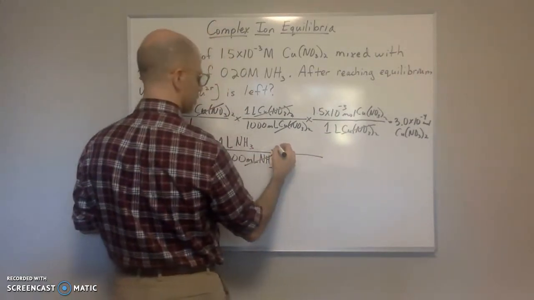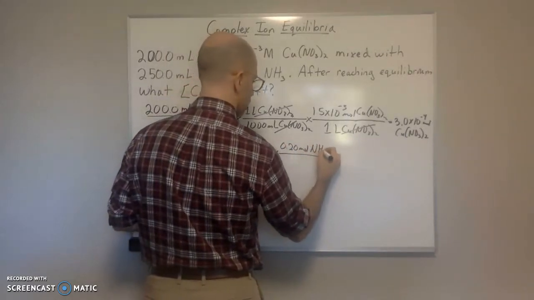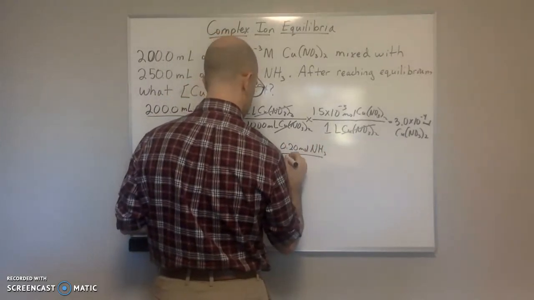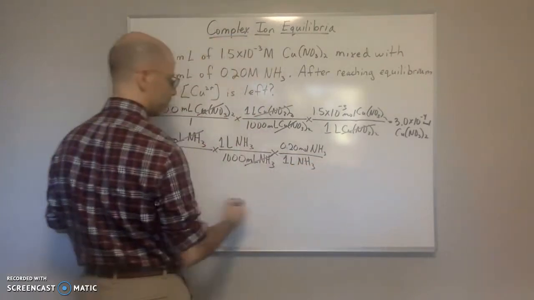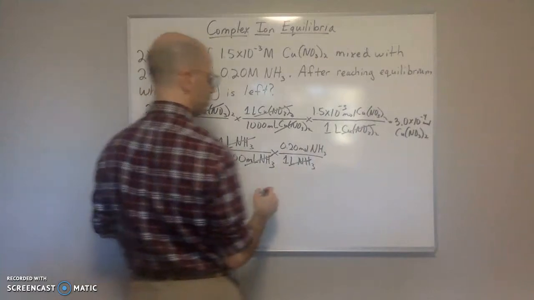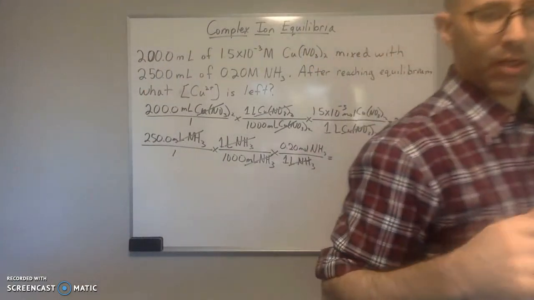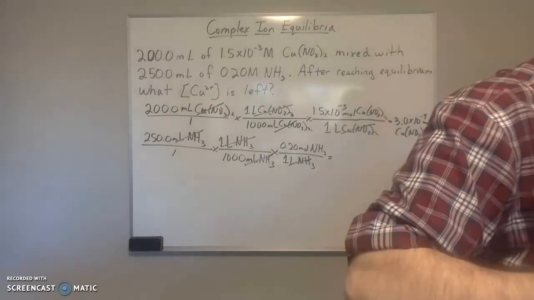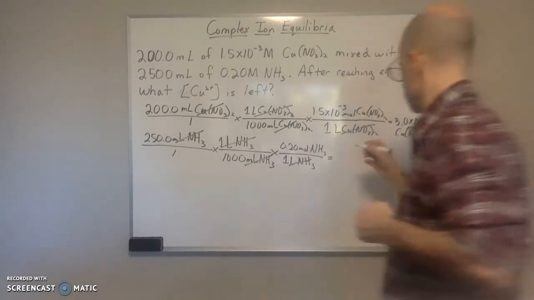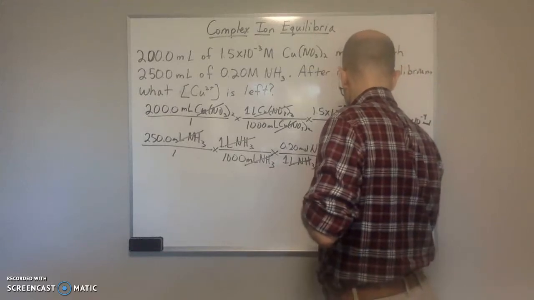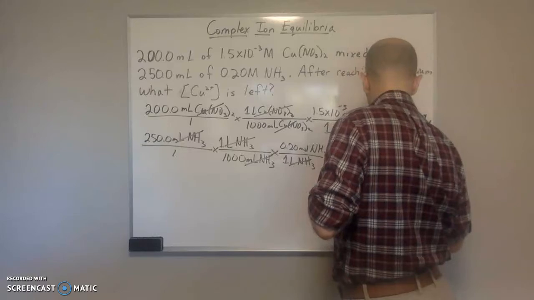So that's going to be 0.20 moles of NH3 over 1 liter of NH3 solution. So liters cancels out, and so we can calculate the number of moles. And that's going to be 5 times 10 to the negative 2. So we got 5 times 10 to the negative 2 moles of NH3.